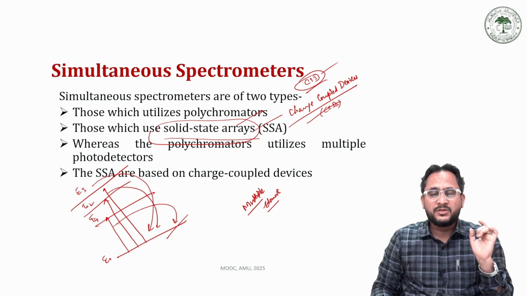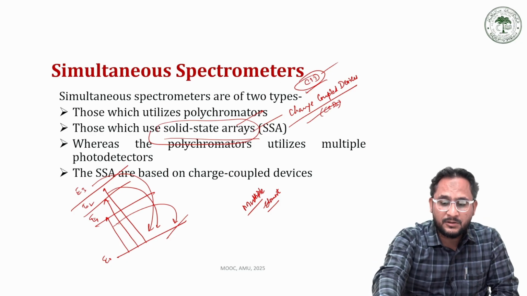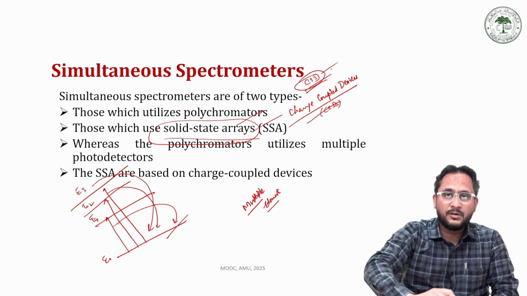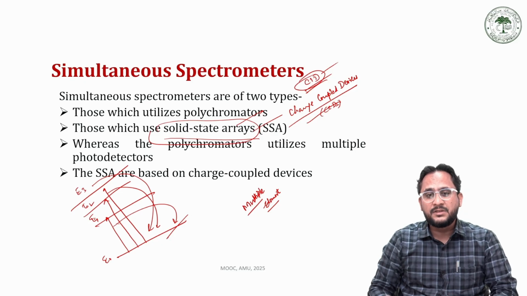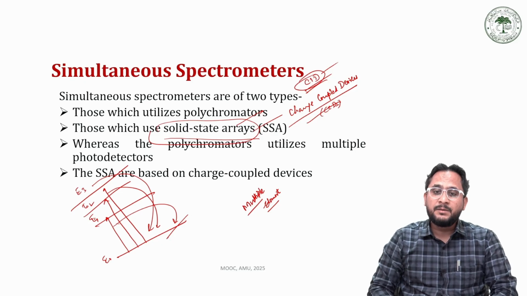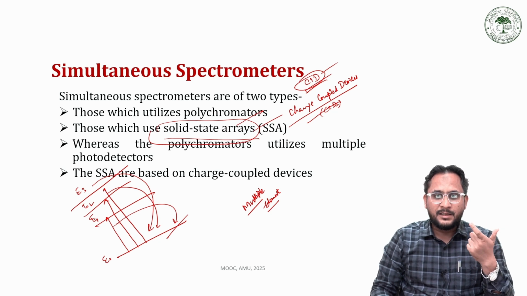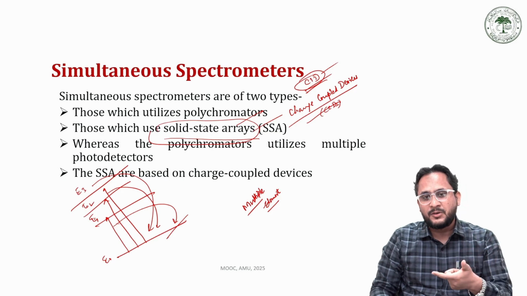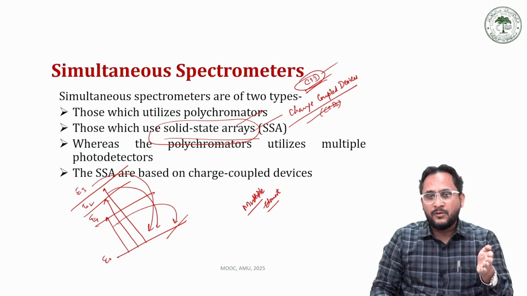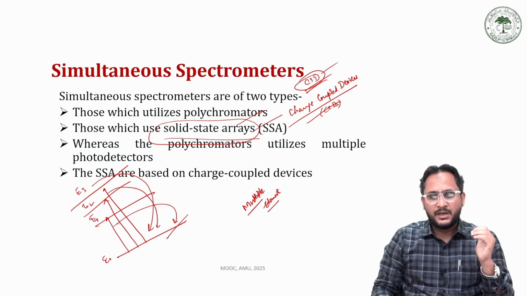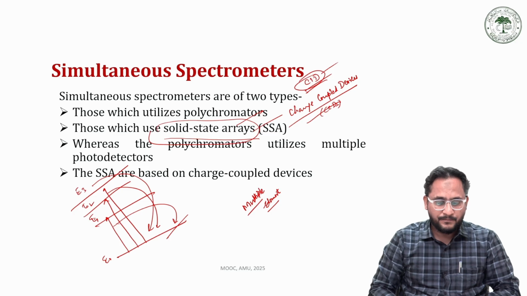So therefore I am saying that with charge coupled device or charge injection device based solid state array detectors, we can go up to 50-60 elements detection at a time, and you can now calculate that if for one element we can have 3 or 4 lines, then how many lines may be present in the spectrum. Of course, that creates some complications, but still they have the capability to go up to so many spectral lines, and those can be detected as well.